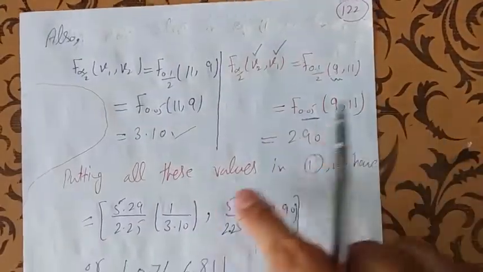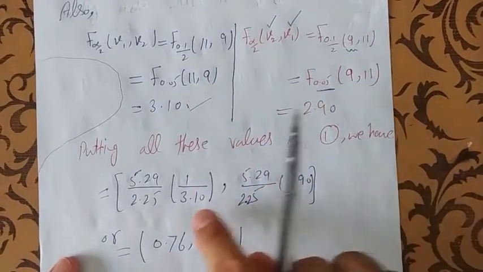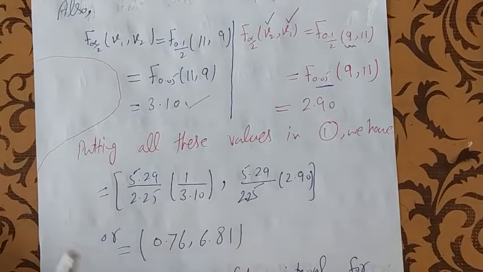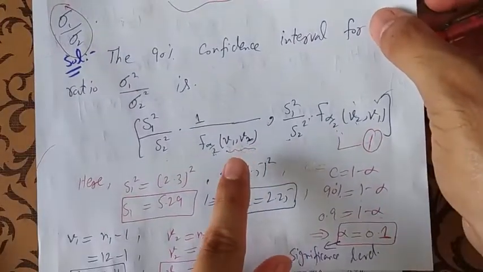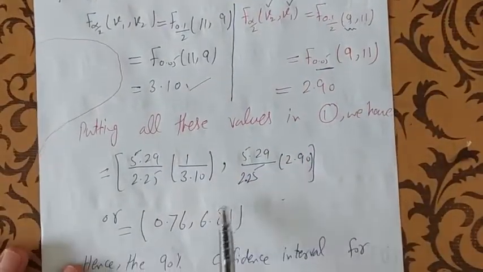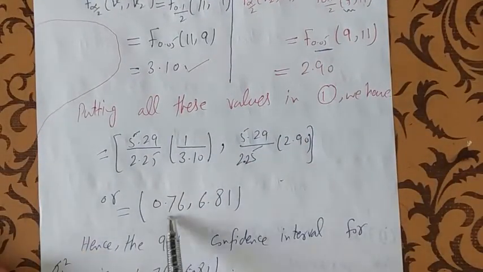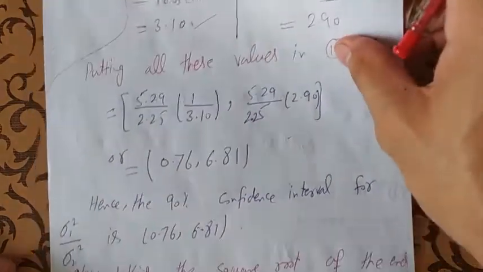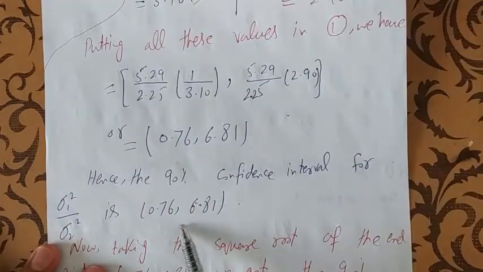So putting all these values in equation number 1, we have this result: 0.76, 6.81. Hence the 90% confidence interval for sigma 1 square over sigma 2 square is 0.76, 6.81.